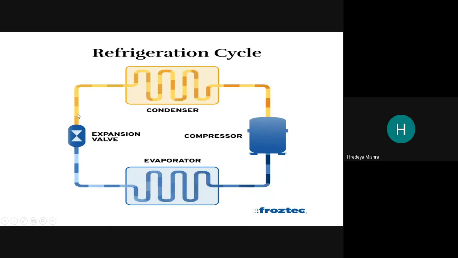The compressed refrigerant expands and converts into liquid, and the liquid evaporates again, converting into gaseous form. The gas is compressed here, condensed, and liquefies again. This is a closed circle, and this cycle runs continuously.